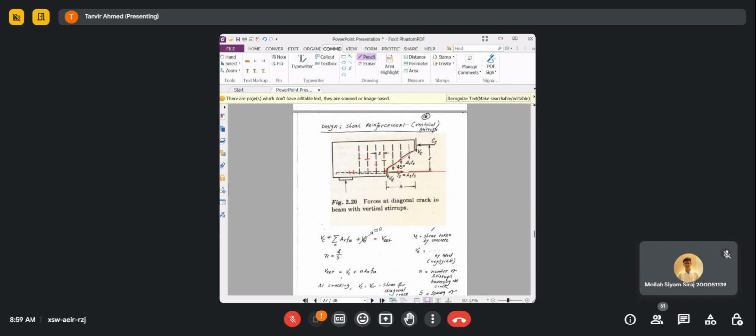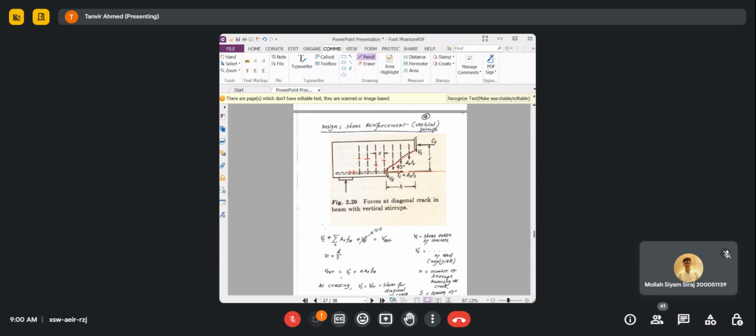Now again, the V external will be equal to the V internal. So this is the V internal. Now in V internal, what will be the forces that will contribute to the internal shear force?